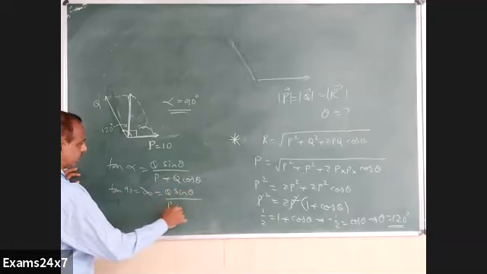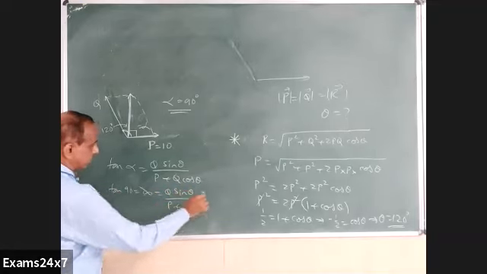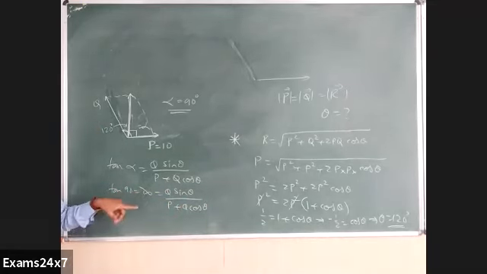Tan 90 is infinity. If the ratio is infinity, what does it mean? A ratio of two quantities being infinity means the denominator is 0. P plus Q cos theta is 0. That is the meaning.